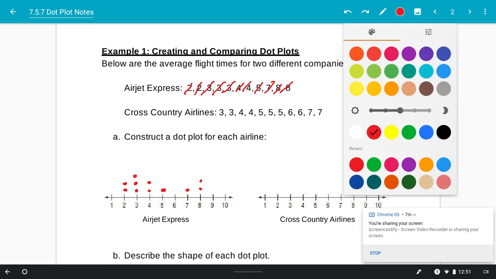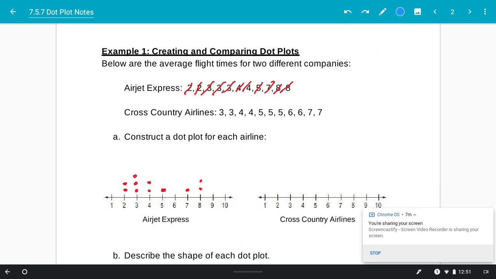All right, next we're going to do Cross Country Airlines. So I'm going to change my color here for this one. And so I look at my data set. This has 2 3-hour flights, 2 4-hour flights. So again, you're noticing that I'm trying to keep those about the same height. We then have 3 5-hour flights. So I can really see here, because of the way I'm spacing things out, that that's going to have a higher frequency.